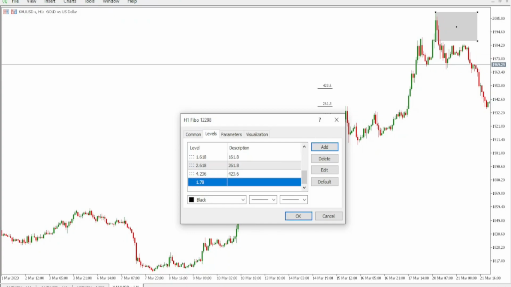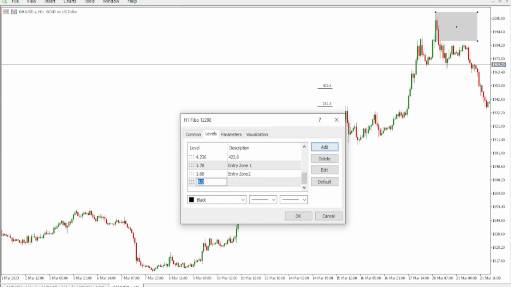and we should name that entry zone 1. We add another level and we name that 1.88, and I'll name it entry zone 2.